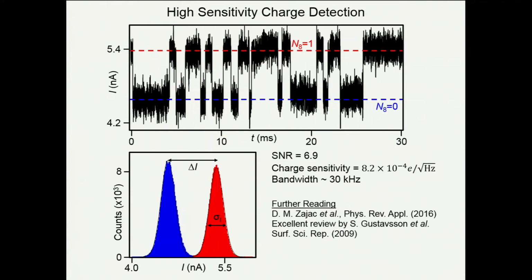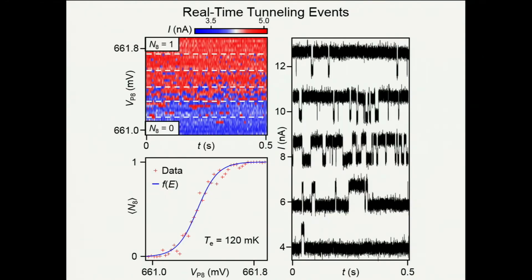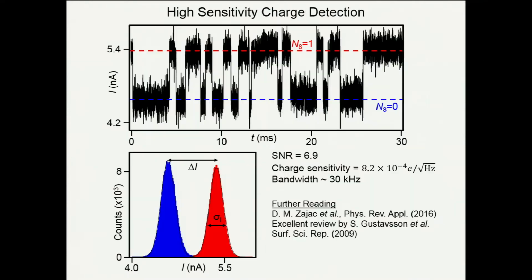Can dig a little bit deeper and ask, what's the signal to noise? So now let's take a histogram of a really long time series. It's going to have two peaks associated with 0 and 1 electron occupancy with some noise on top of it. And you can see that these are pretty well separated Gaussian peaks. And so we have a nice signal to noise. And from the measurement speed, you can convert this into a charge sensitivity.